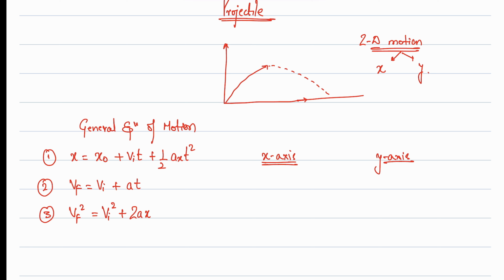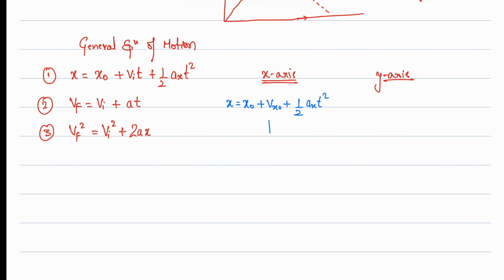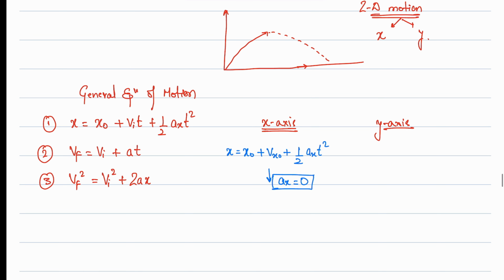Okay, the first equation remains the same: x equals x naught, plus vx naught t, plus half a x t squared. Some interesting thing you need to understand about the x-axis: a x is always 0, because if you are launching something, it is going upward, so there is always only the part of gravity.